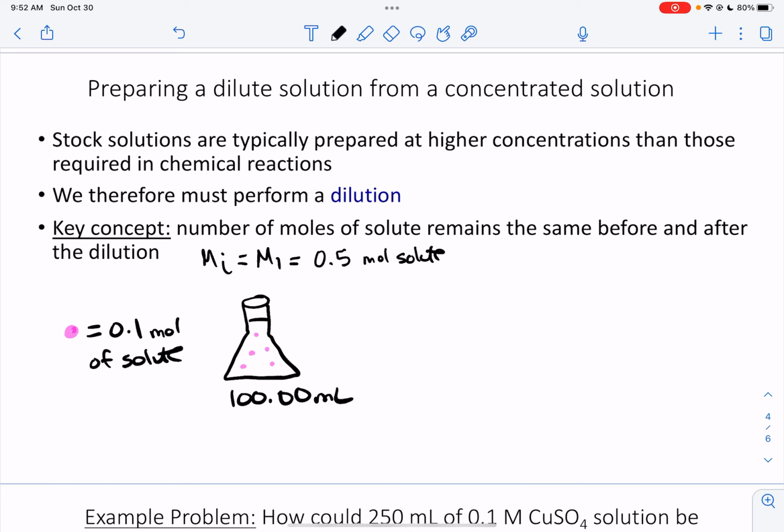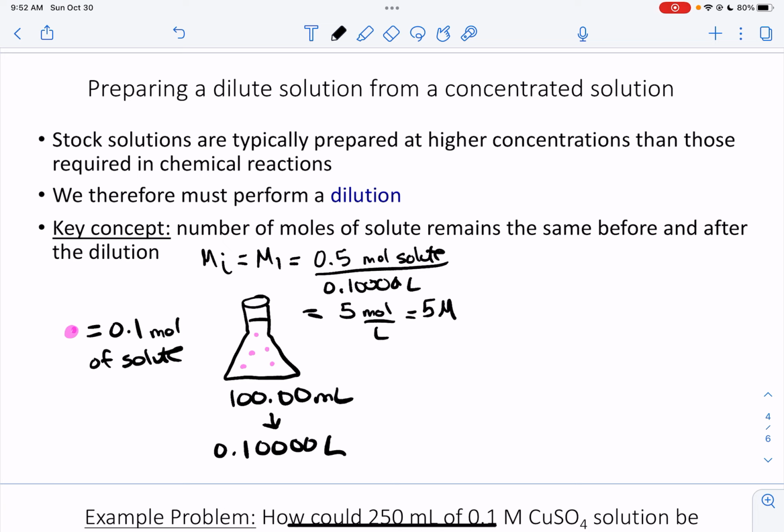As before, we need to convert the volume to liters, so it becomes 0.10000 liters, and we divide by that value. When we do this, we get 5 moles per liter, or 5 big M. They mean the same thing. I'm going to leave it in moles per liter because that's more useful for calculations.